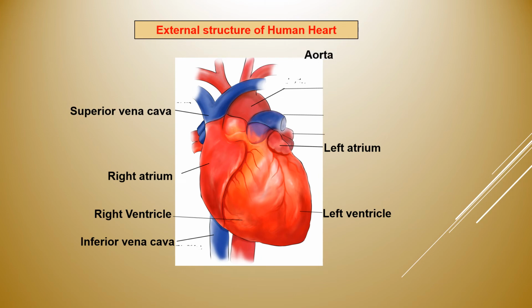The heart supplies oxygenated blood to all parts of the body through the aorta. The heart receives oxygenated blood from the lungs through the pulmonary vein. The heart supplies deoxygenated blood to the lungs for purification through the pulmonary trunk. This is the external structure of the human heart.